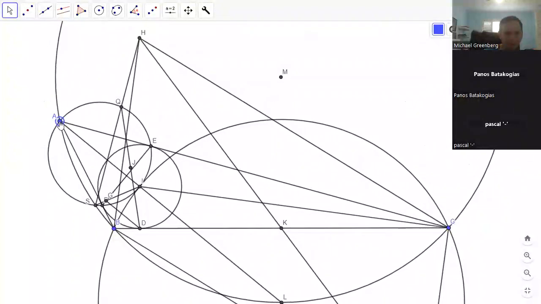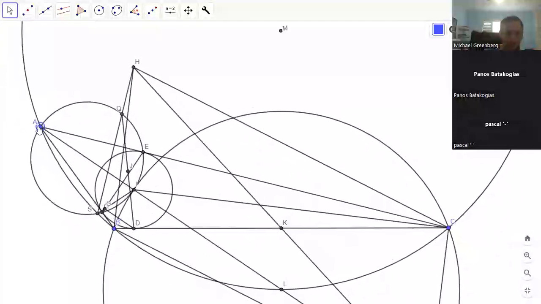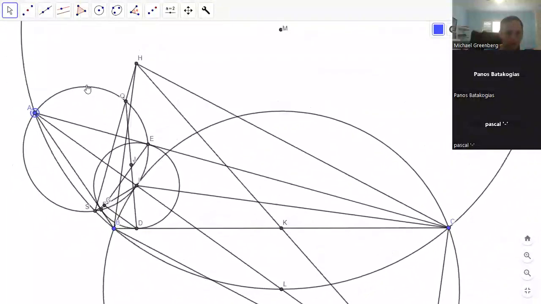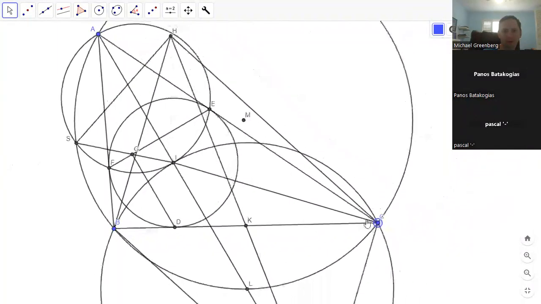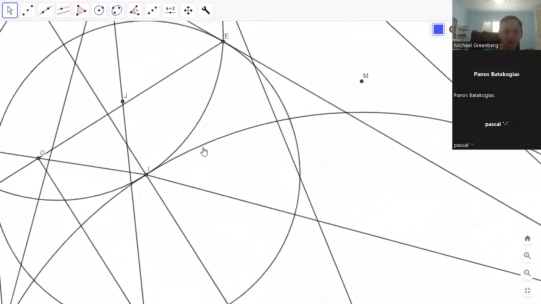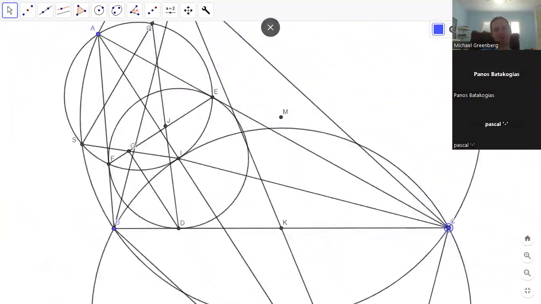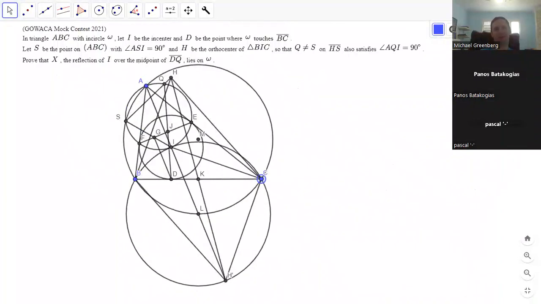It's very close to EF, but it doesn't lie on it. I guess if you make it more obtuse, or, no, you've got to make it a taller triangle, and then you start to see it doesn't lie on it. That's interesting. Okay, now I'm really confused.